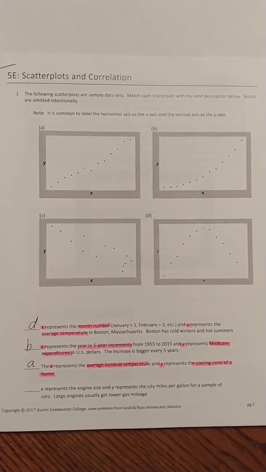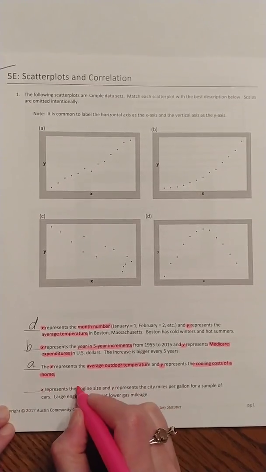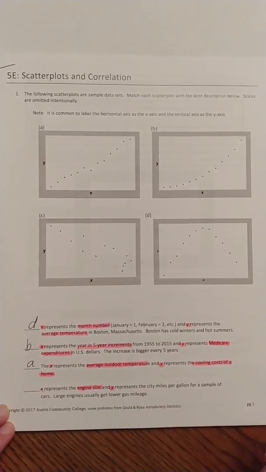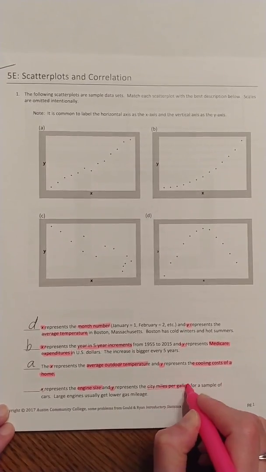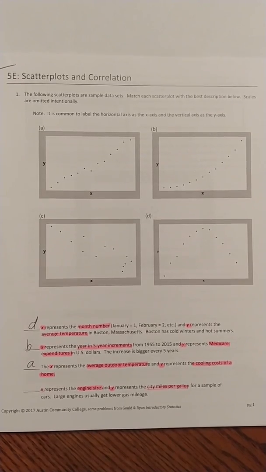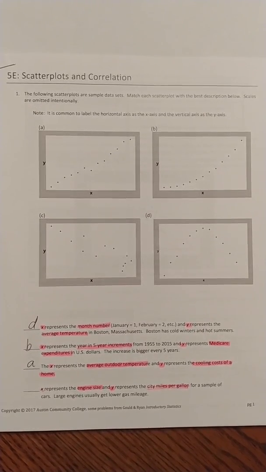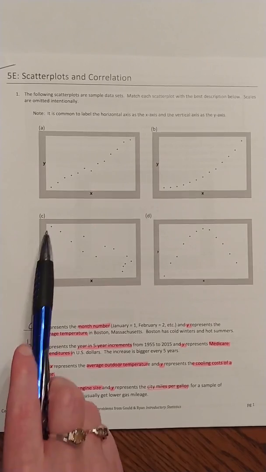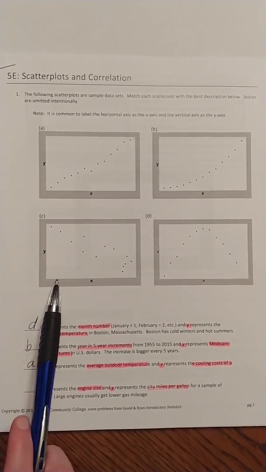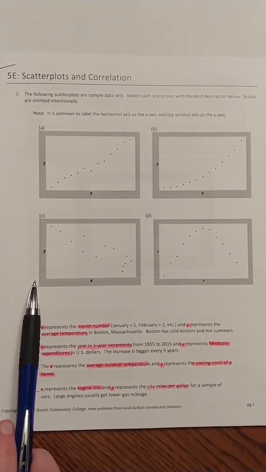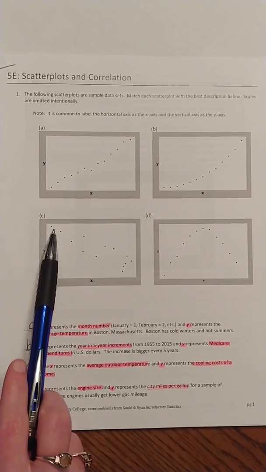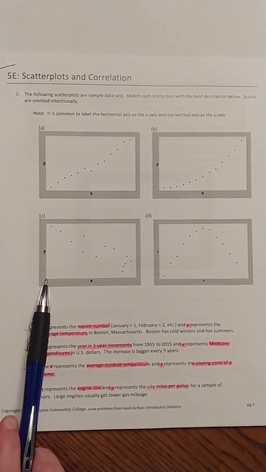So it says X represents the engine size and Y represents the city miles per gallon for a sample of cars. And then it gives us a little note that large engines usually get lower mileage. So here, let's start off with the first point. What does this mean for X? This means that you have a small engine, right?